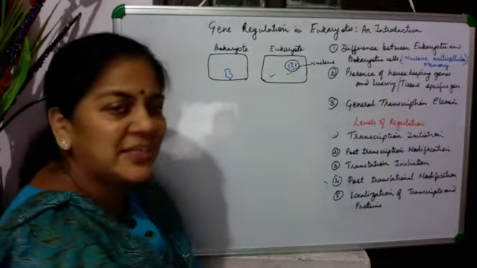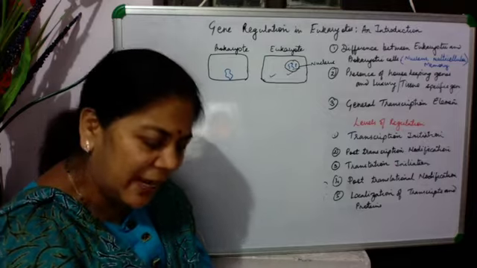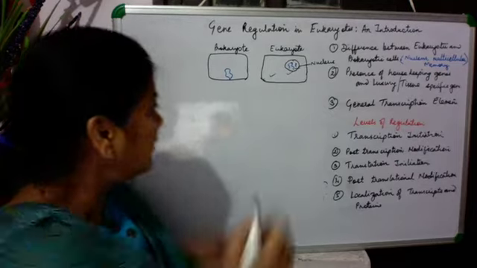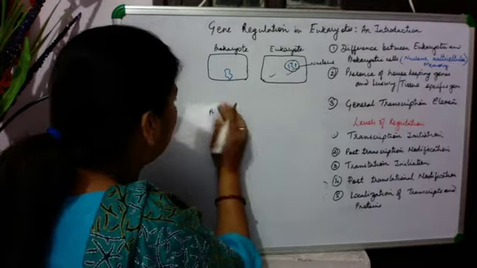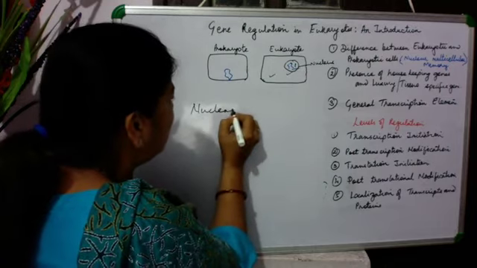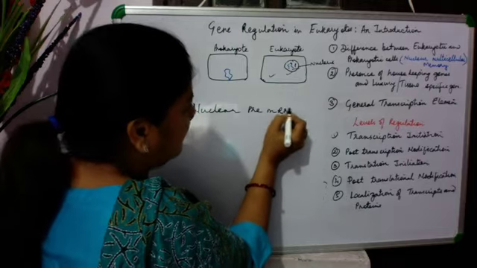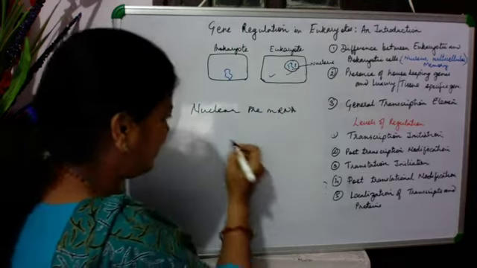Now once the transcription has initiated, it will elongate, it will terminate, and then it will form a nuclear pre-mRNA. We are talking about the mRNA genes over here.